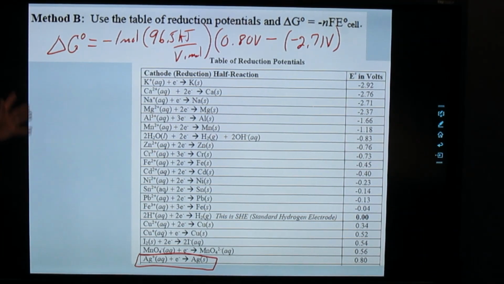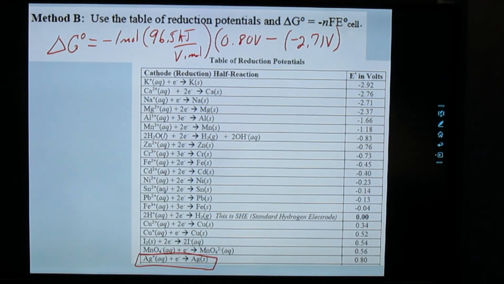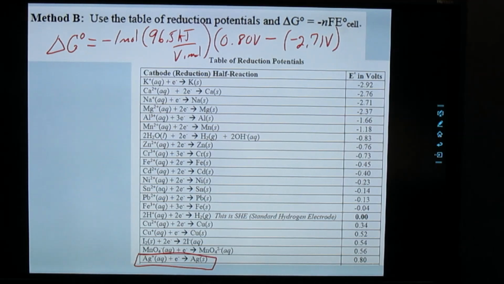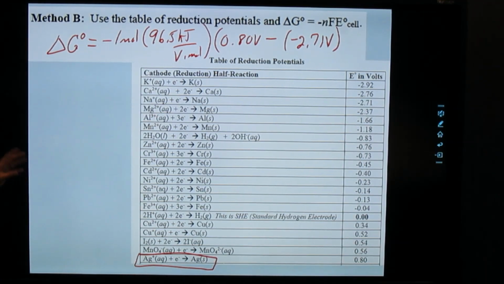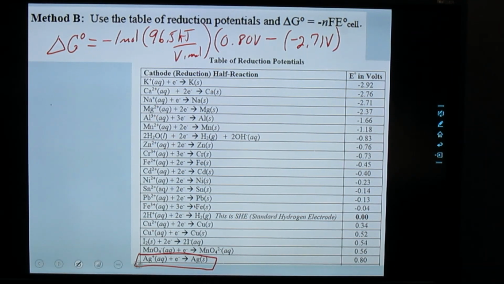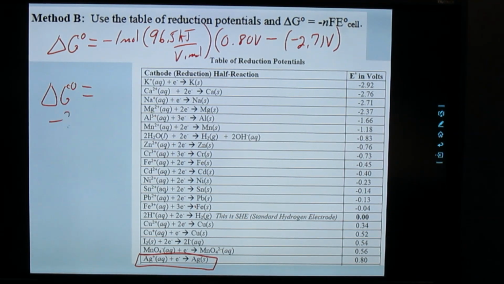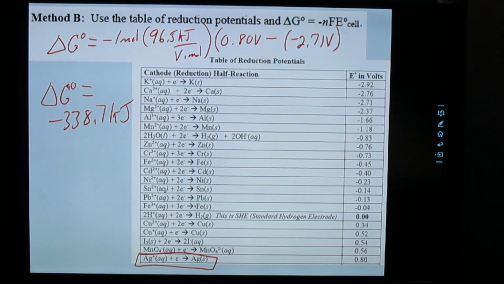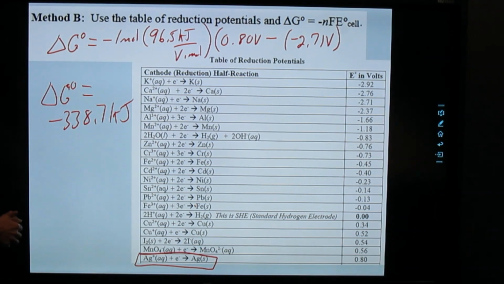And so we punch that all in, and it comes out with just a slight rounding difference. I get negative 338.7 kilojoules. Releases a lot of energy because there's a big gap in potential.